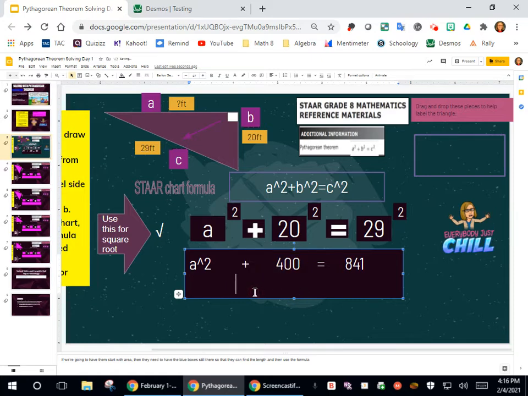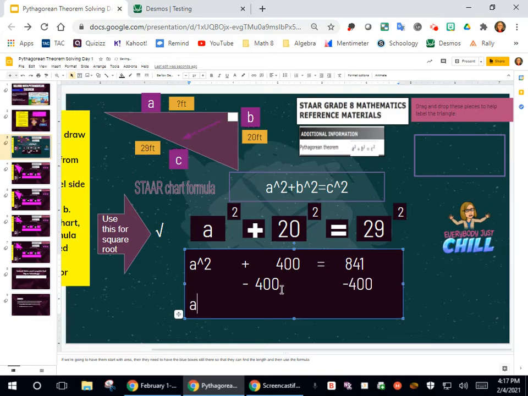Make 0 pairs. If you had positive 400 and you subtract 400, you're going to get 0. But remember, what you do to one side, you have to do to the other side.